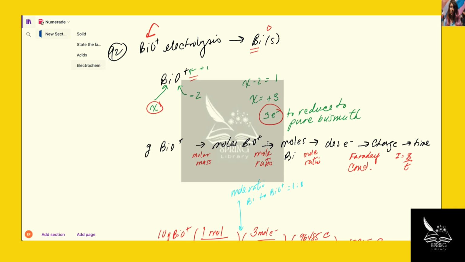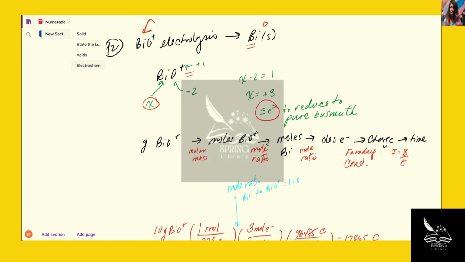So now we can move from the mass of this BiO+ all the way to how much time that's going to take to get there. So we can move from mass, we use our molar mass to find the number of moles. We use the mole ratio of bismuth to this bismuth oxide ion to give us moles of bismuth.